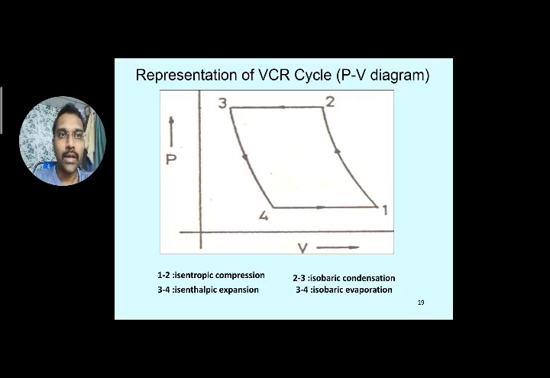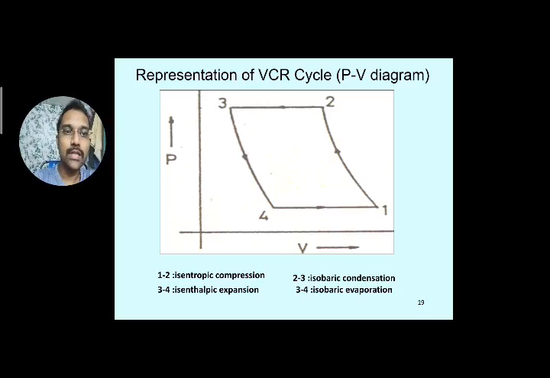You can observe the line from 2 to 3 is a constant pressure line on the graph also. Volume is plotted on the x-axis, and pressure is plotted on the y ordinate, and 3 to 4 is the isenthalpic expansion. It means that it's a constant enthalpy process. So here the expansion takes place in the expansion device.